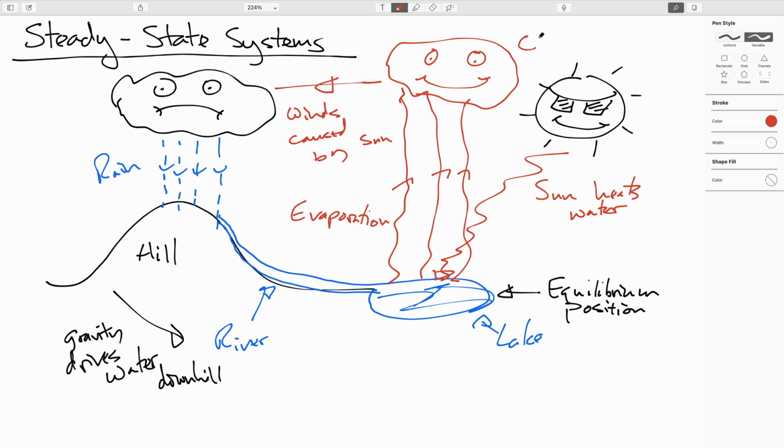So we then form another cloud. And also the sun will drive the winds, and then eventually the cloud runs over another hill, and we start raining again, and it loops around and around and around, just like our monsters.